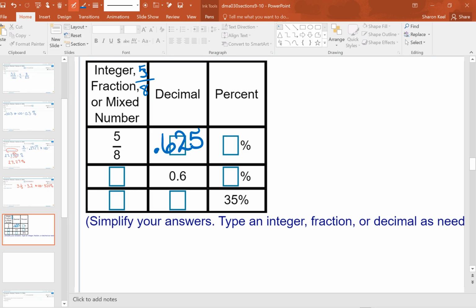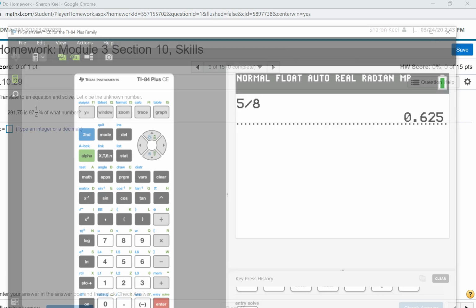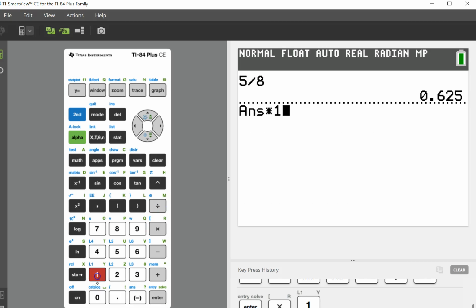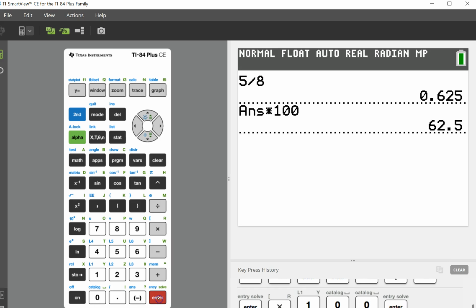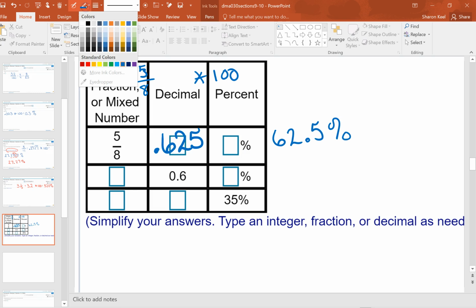And then to convert to a percent, I'm going to multiply by 100. I'm now going to times by 100, and that gives me 62.5. So I get 62.5%.